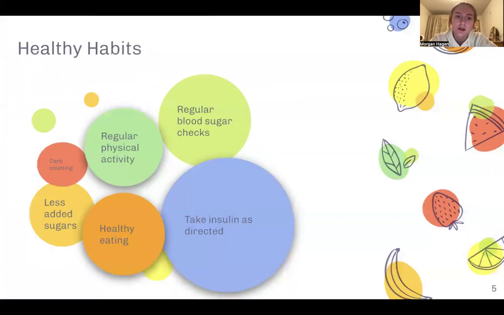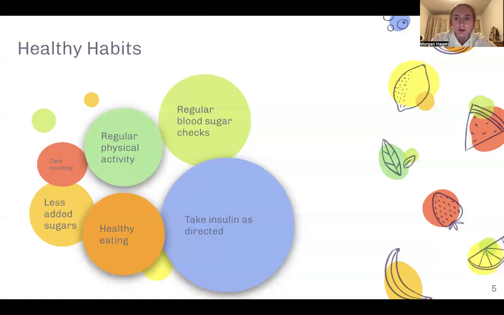So there's 6 main healthy habits I found for type 1 diabetes that were super important. So the first one is carb counting. And like I talked about last, if you eat too many carbohydrates, you could get too much insulin in your body.